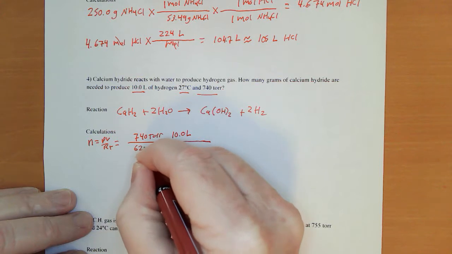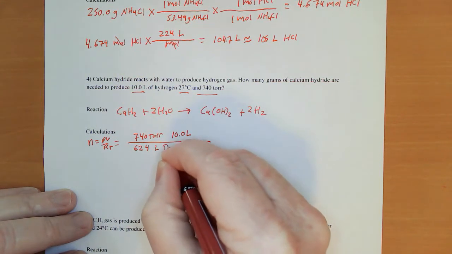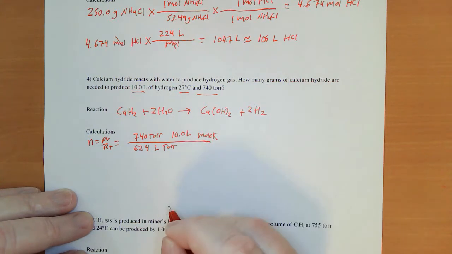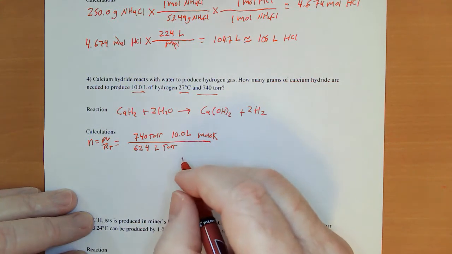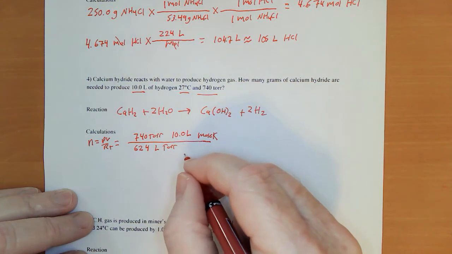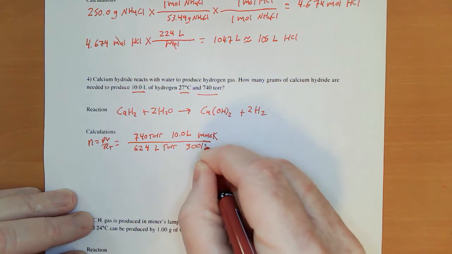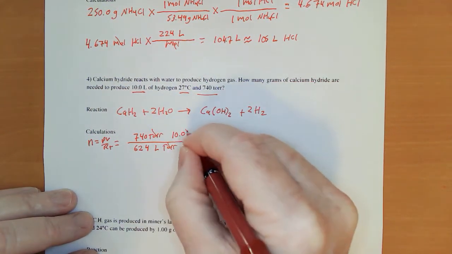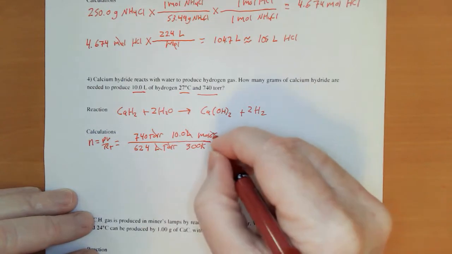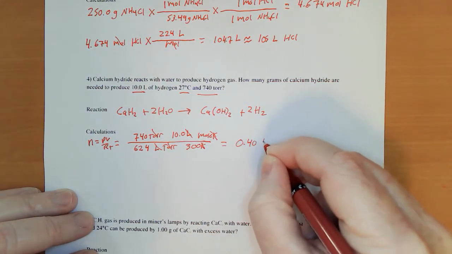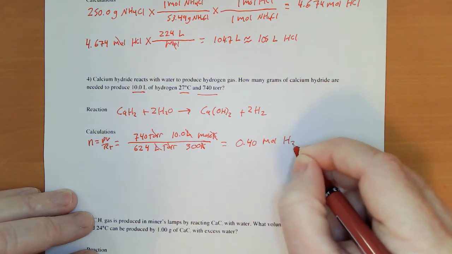I'm going to use 62.4 liter torr per mole K. And then I'm at 27 plus 273, that's going to be 300. I'm at 300 Kelvin. Okay. Torr is gone. Liter. Kelvin. So this is 0.40 moles of H2.